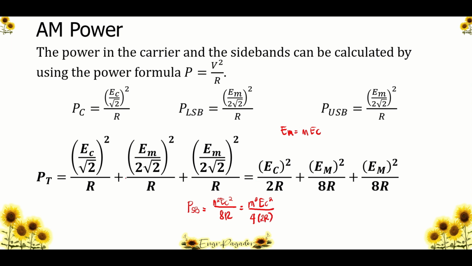Looking back at the simplified formula of the carrier power, that is equal to EC squared over 2R, so we can replace EC squared over 2R with PC. So the formula for the sideband is equal to M squared P sub C over 4. We can use this if we are only given the modulation index and the carrier power.